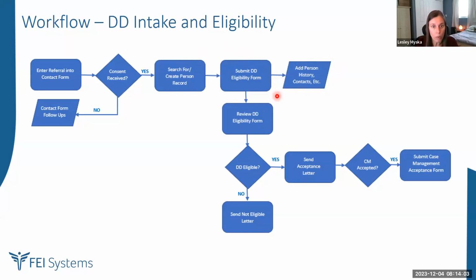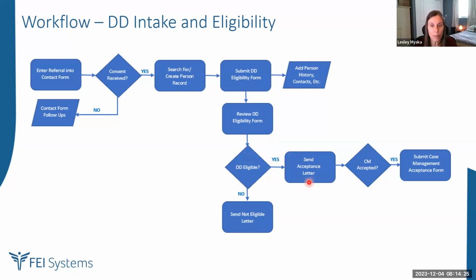The review will then be completed by the DD eligibility supervisor. And if the person is deemed DD eligible, then a case management acceptance letter will be created. And that will be done using the templated letters and docs section of the system.